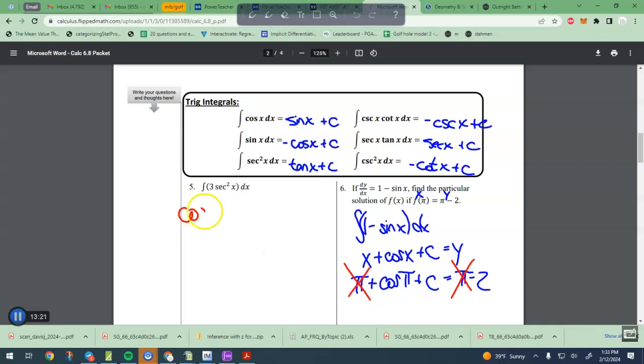So I really have cosine of pi plus c equals negative 2. So pi, from your perspective, pi is over here, cosine's the x values, so what do we got? Negative 1 plus c equals negative 2. So if I add 1 to both sides, I will get c equals negative 1.